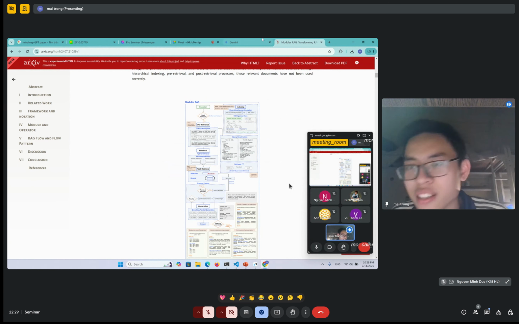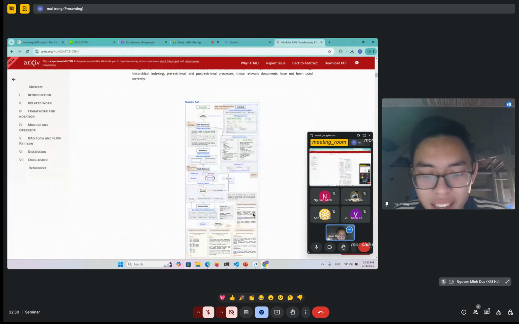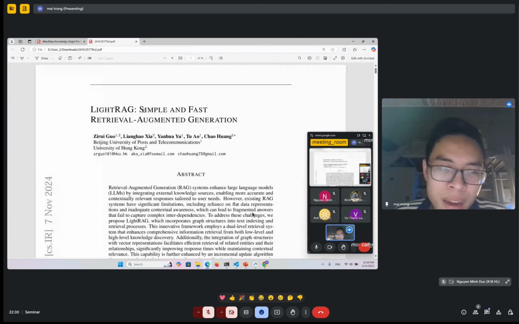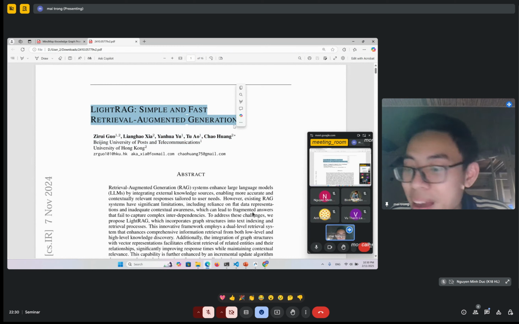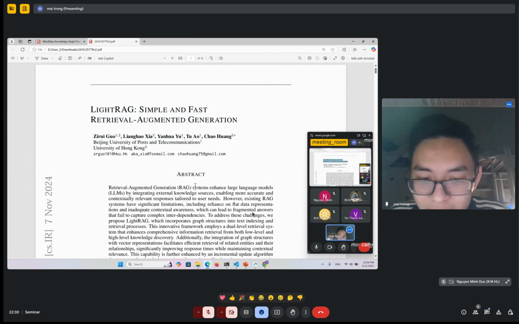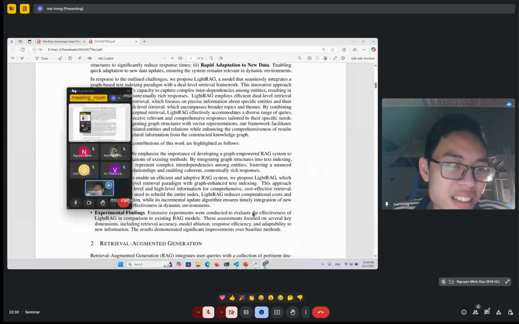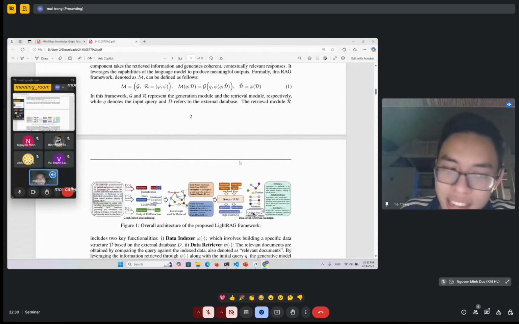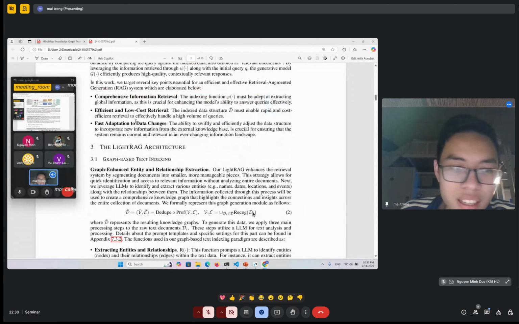In that case, I suggest you read one more paper. I think I have downloaded it. I also read one about LightRAG. The community says this one is better than GraphRAG. I haven't really tried it yet. We are still in the time of investigation. I've only tried some easy functions.